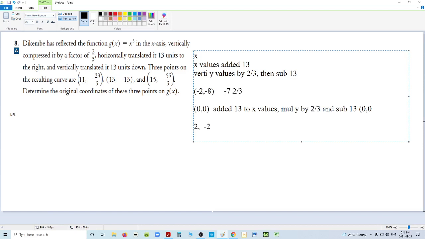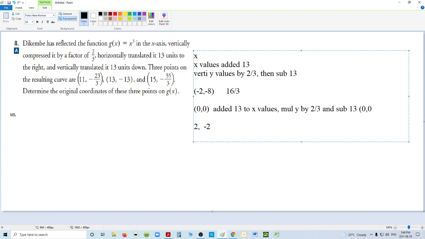Since I subtracted 13 to get there, that means I started at positive, this is a tough one, 5 and a third. That's the same as 16 thirds.